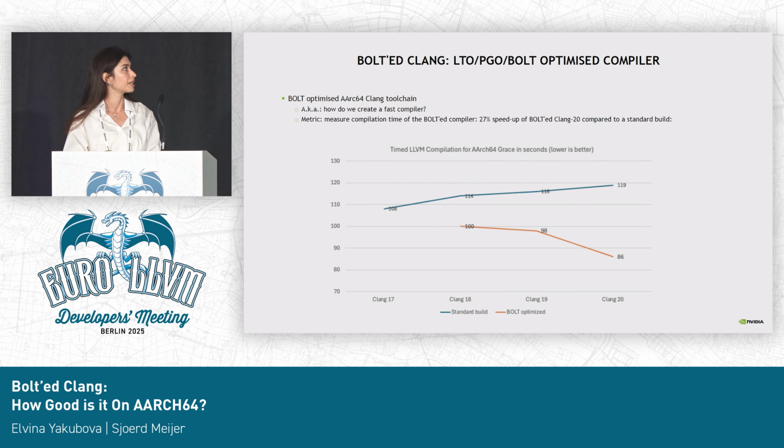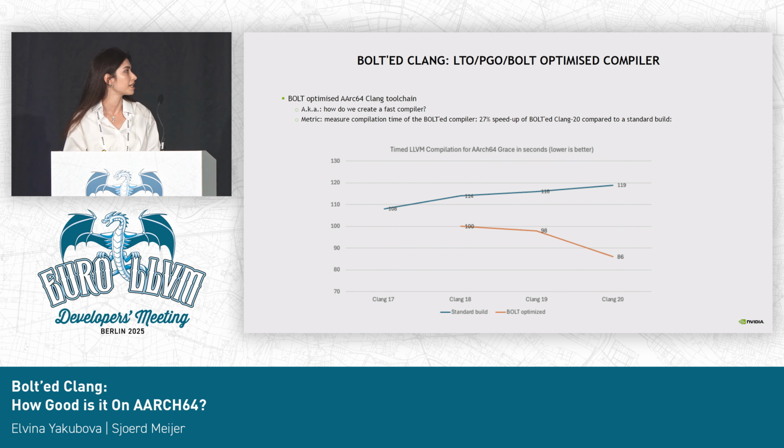So our story began with a goal of creating a fast compiler, a compiler which can do the same amount of work in less time. Firstly, we did experiments only for Clang 18 and 19, but when the latest release of Clang 20 came, we added it to our measurements. Let's look at the graph.